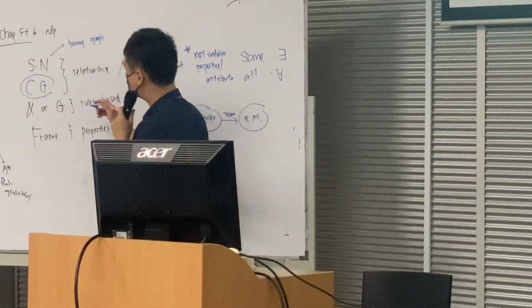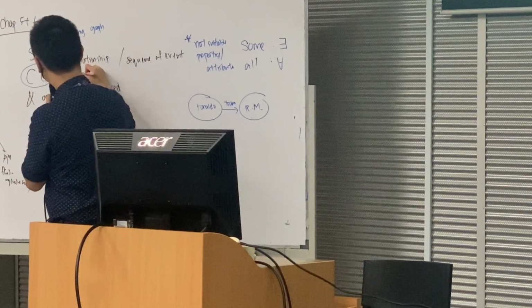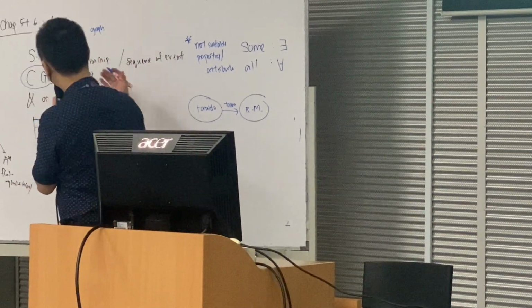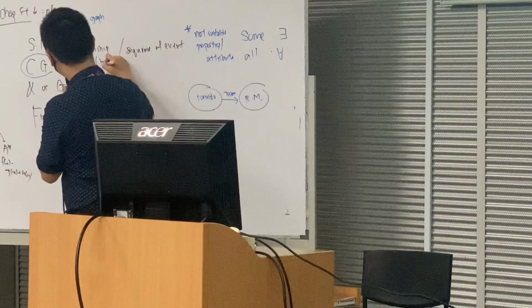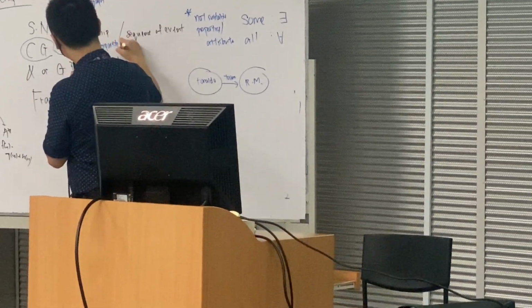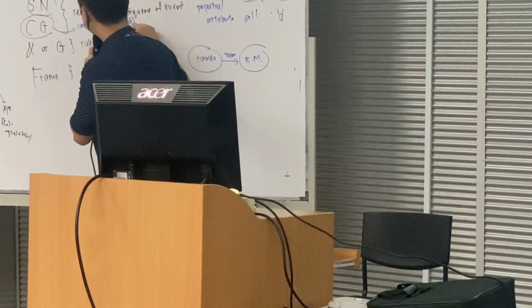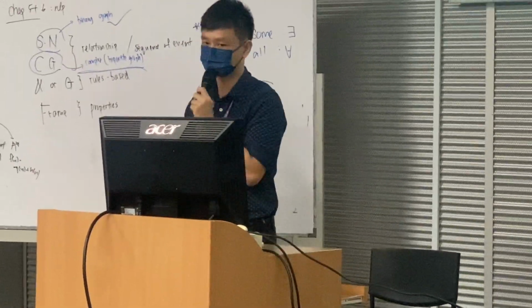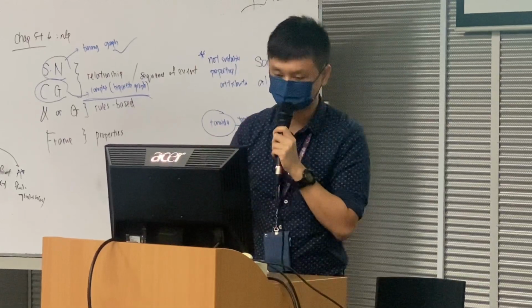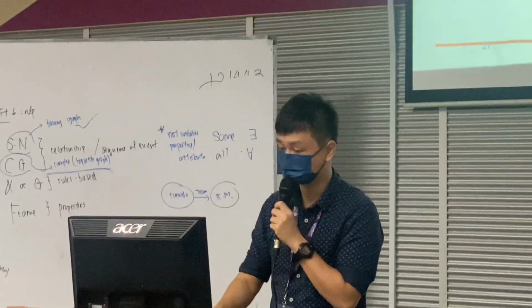But the conceptual graph is mainly used to show more complicated, complex relationships using a bipartite graph. If you know that the semantic network is good enough already, this conceptual graph is just additional information to you on how to represent the knowledge in a more complicated way.